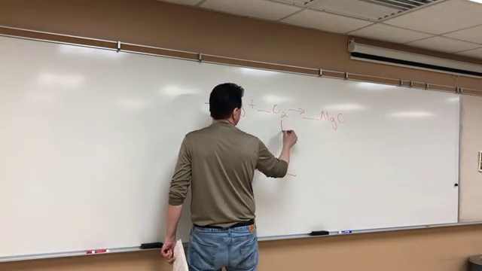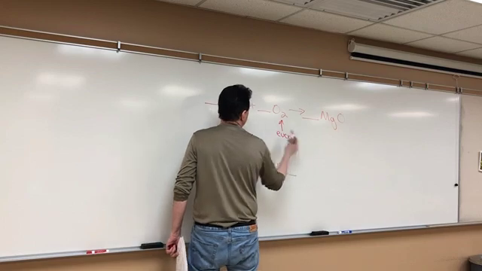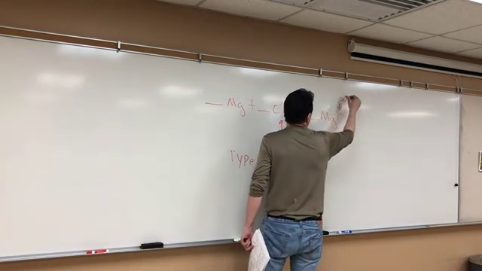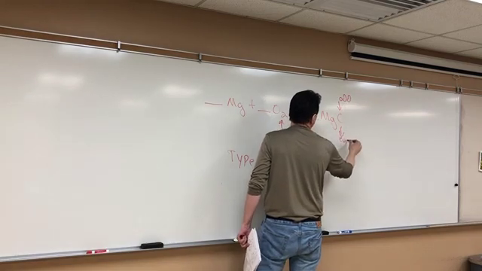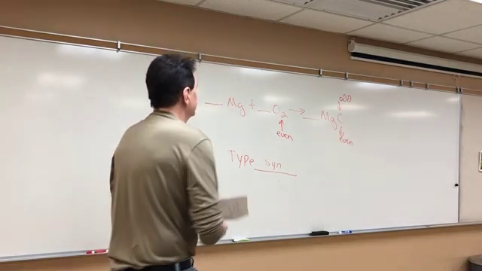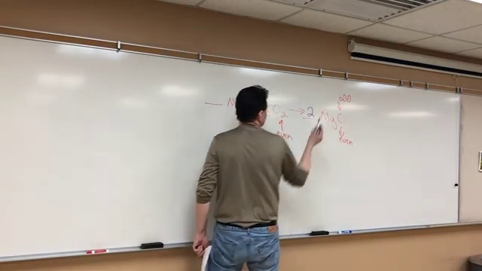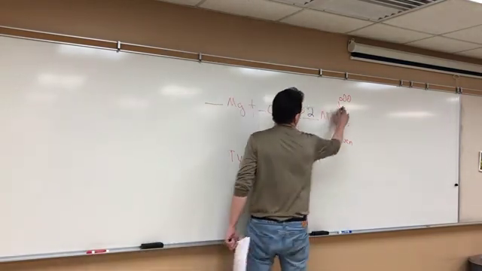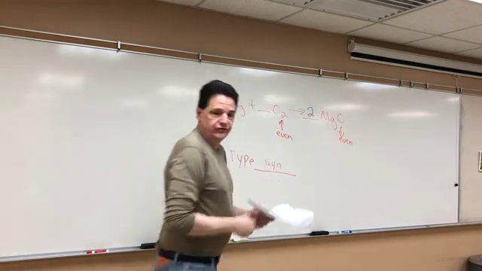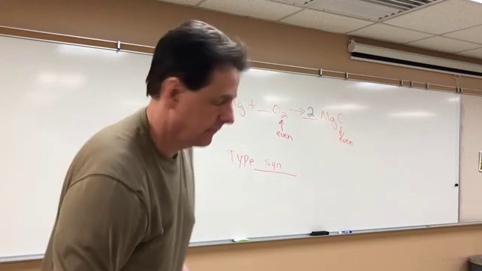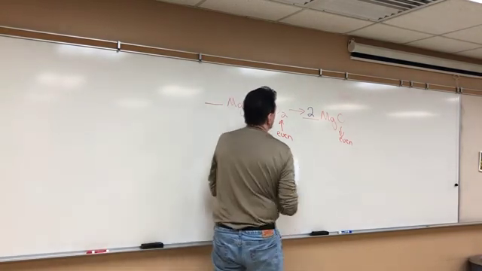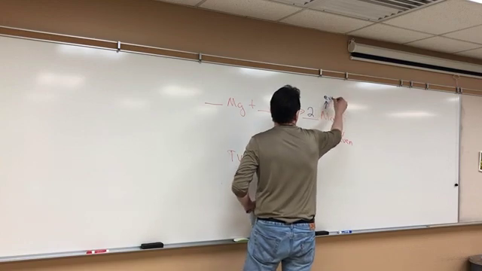We're going to balance this thing out. We're going to do what's called an even odd. This O here is even because there's 2 of them. This O here is odd, but we want to make it even. The only way we can make it even is to insert a coefficient of 2, which now makes this even, and Mg now is even.